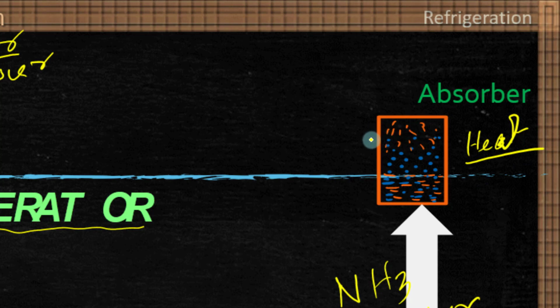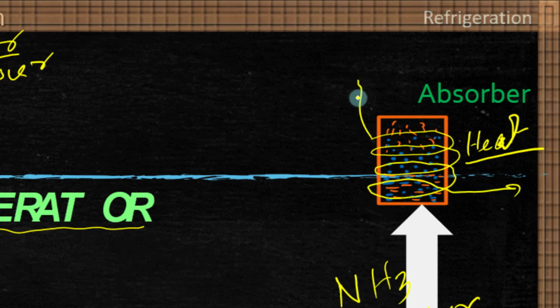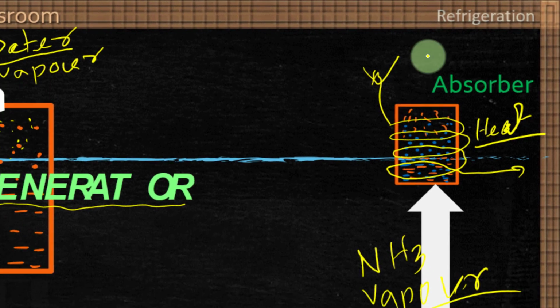So we need some cooling system to keep the absorber cool, because that will increase the absorption. Now what do we get in the absorber? Remember, the absorber now has a strong ammonia solution, because water absorbs the ammonia. Now it becomes a solution, and that is a strong ammonia solution.